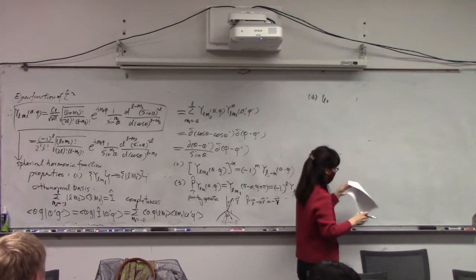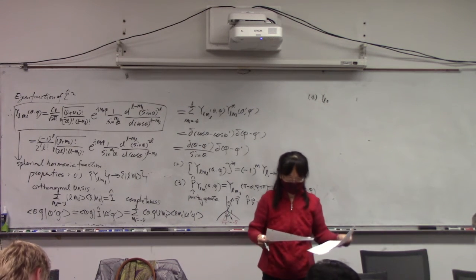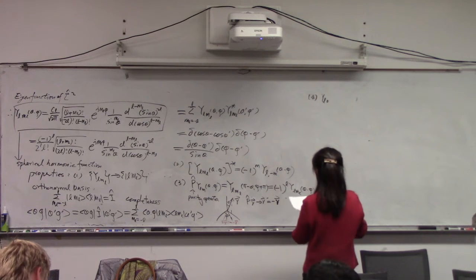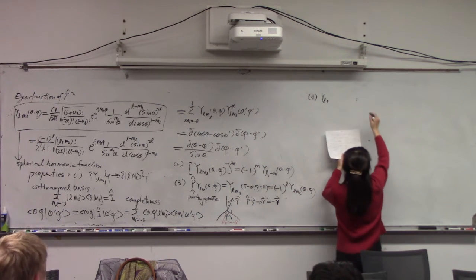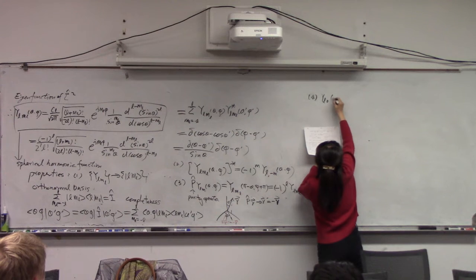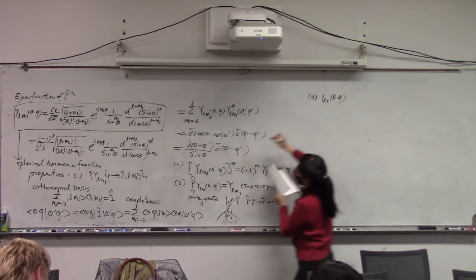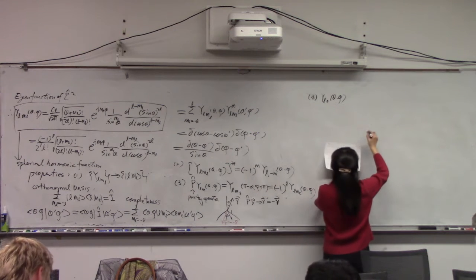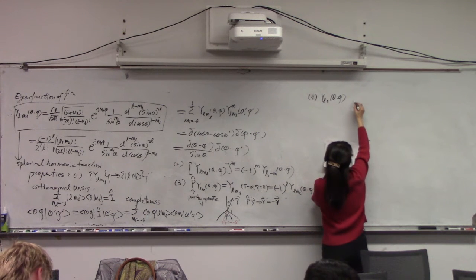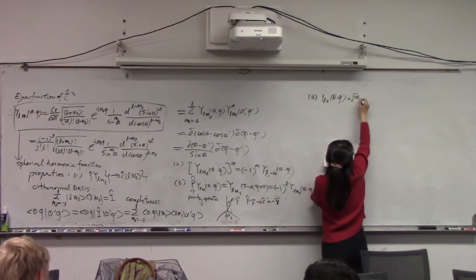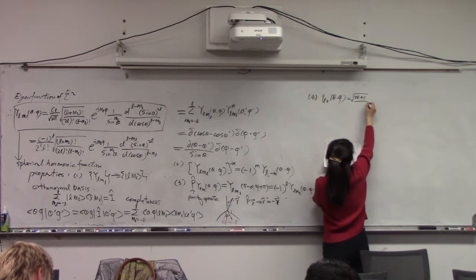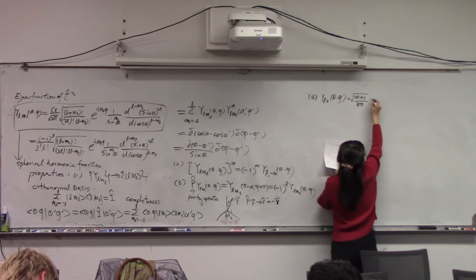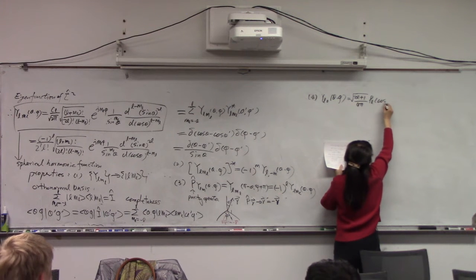If m equals 0, you just substitute m equal to 0, and I will just give you the result. You can do it from this one; replacing m equal to 0, you can very easily obtain the square root of 2l plus 1 over 4 pi times P_L of cosine theta.